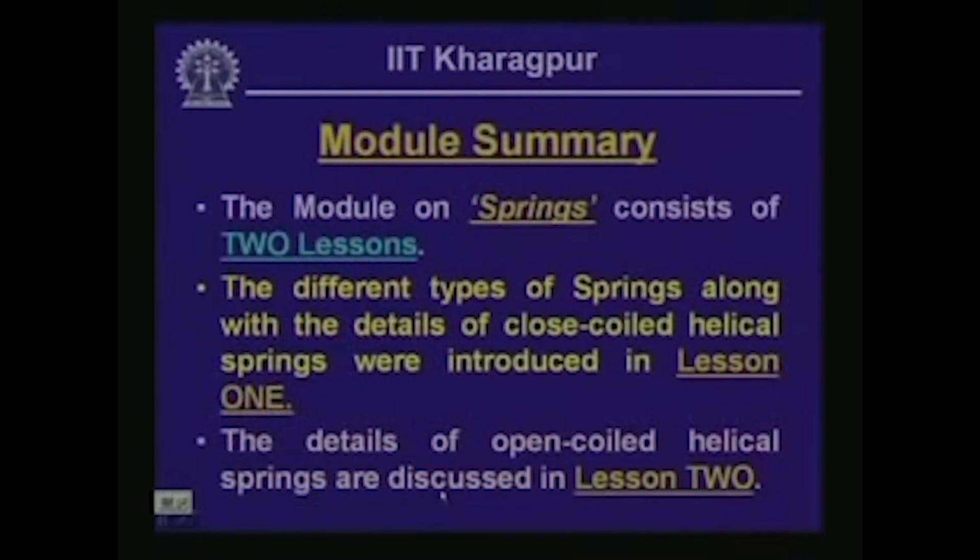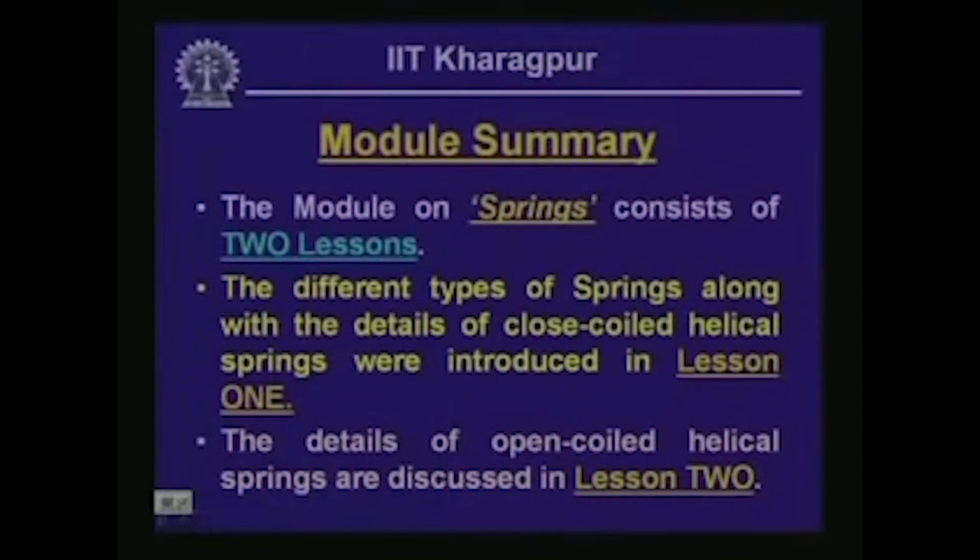Now, this particular lesson is the last lesson of this particular module, and as you have seen, in this module on spring we had two lessons. In the first lesson, we introduced the concept of the spring, we looked into the different types of springs, and we discussed several aspects of the stresses and deflection in closed coil springs. And in this second lesson of this module, we have looked into the stresses and deflection in open coil helical springs.